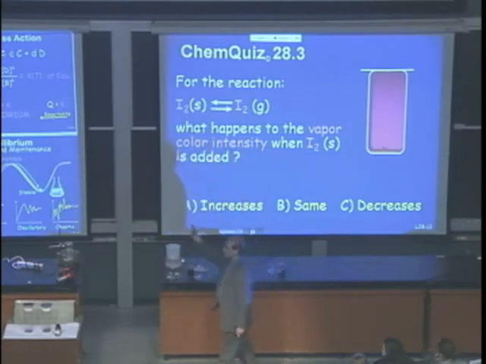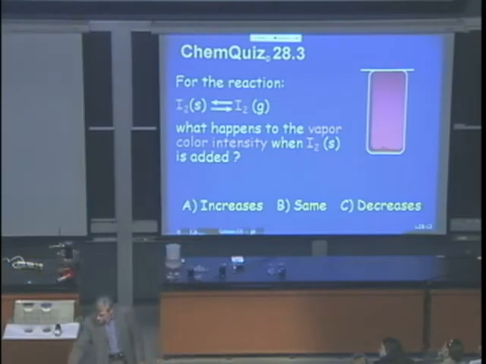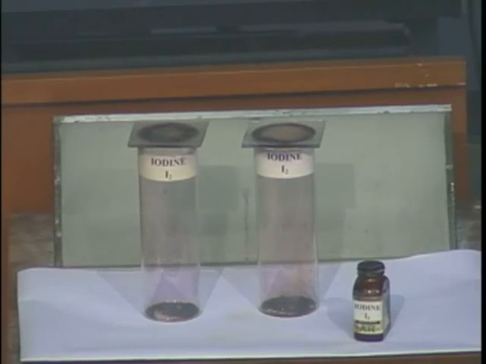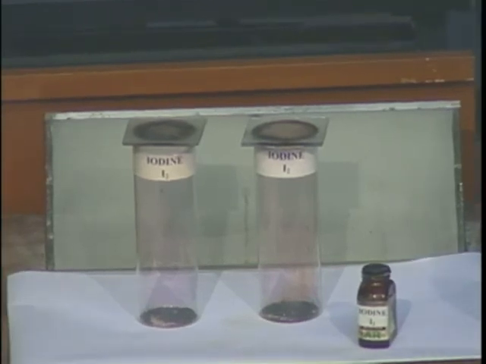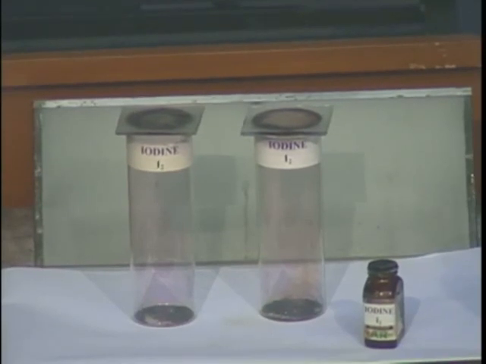Solid carbon dioxide went to gaseous carbon dioxide. So we have iodine in here, and you see this light blue tinge here? This is the iodine, that's solid iodine, and that's the gas, the iodine gas, the I2, yeah, okay?